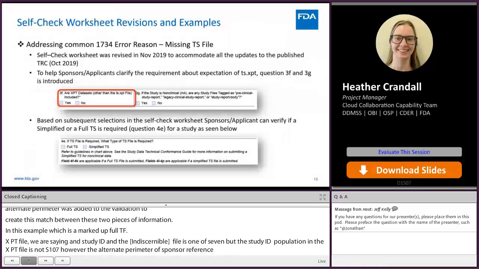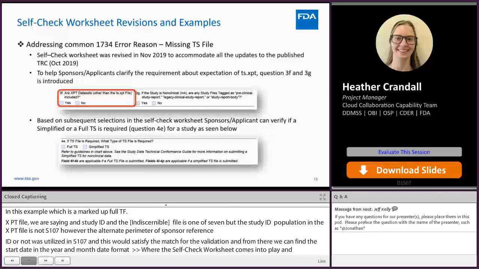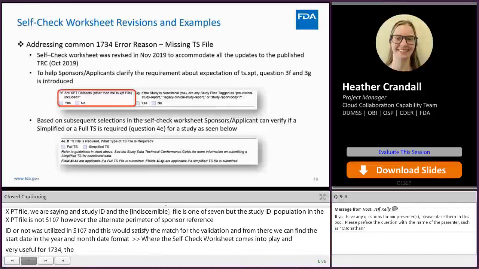So where the self-check worksheet comes into play and is very useful for 1734 is that the self-check worksheet is a fillable form that was created by the FDA based on feedback from applicants to walk applicants through the expectation around the technical rejection criteria for study data and to allow applicants to check their studies against that expectation prior to submission.